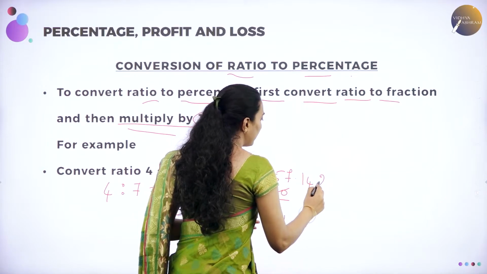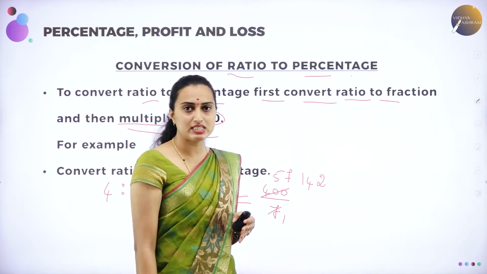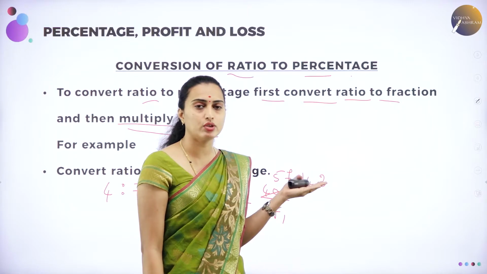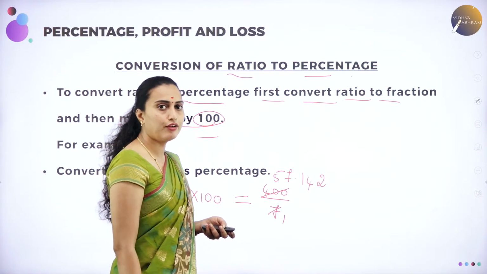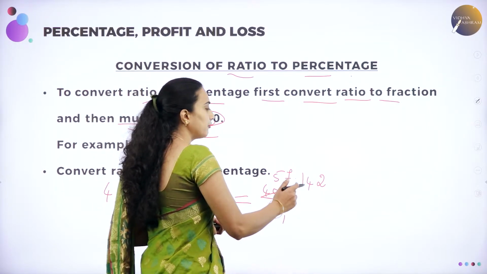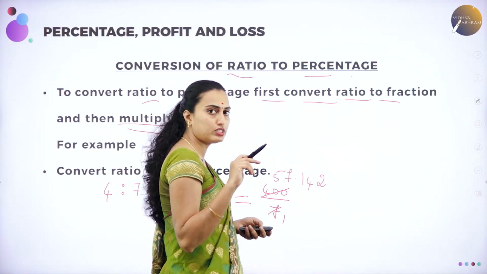In 20, if you go 14, 6 is remaining. So again carry over, now you have 7 8s are 56. In 60, if you minus 56, 4 is remaining.